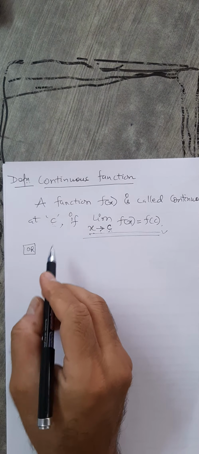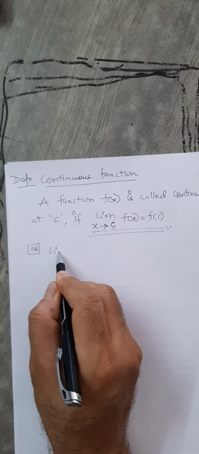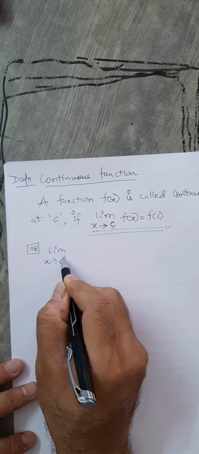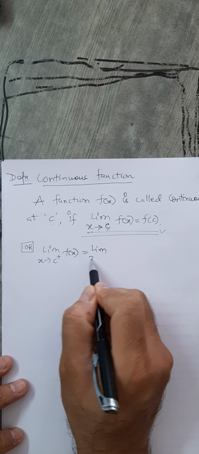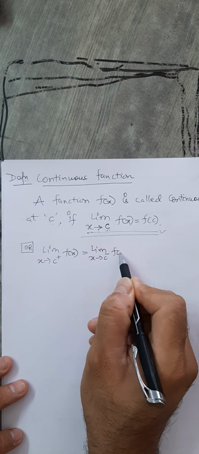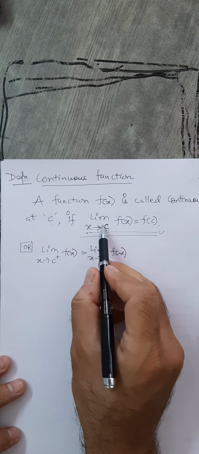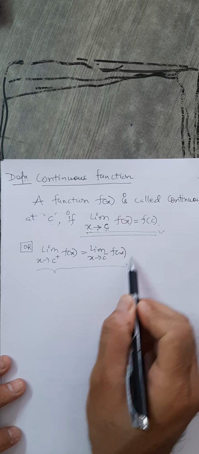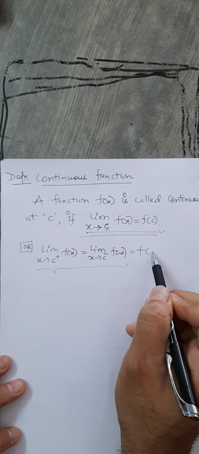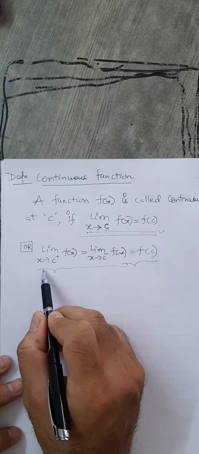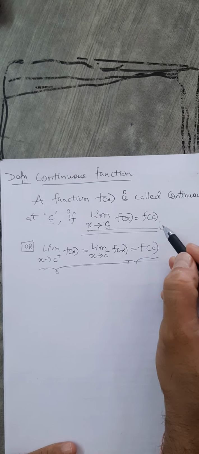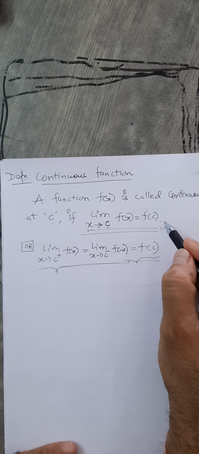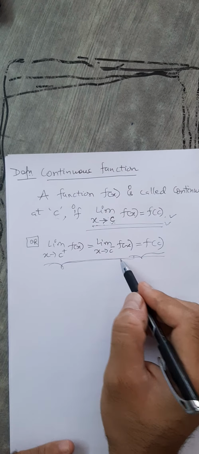So here, limit x tends to c from the right of f(x) equals limit x tends to c from the left of f(x), and that equals f of c. So we have an alternative way of defining continuity. Whenever you have any question on continuity, either you use this or you can use this.